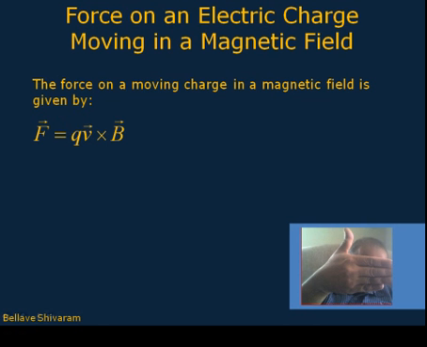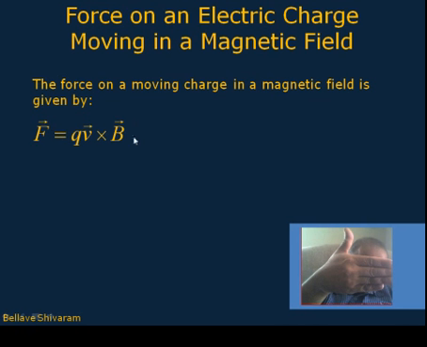So the force in magnitude depends both on the amount of charge that the particle has as well as how fast the particle is moving. And furthermore, this force is neither in the direction of the particle, so it does not oppose the motion of the particle or assist it, nor is the force in the direction of the applied magnetic field.